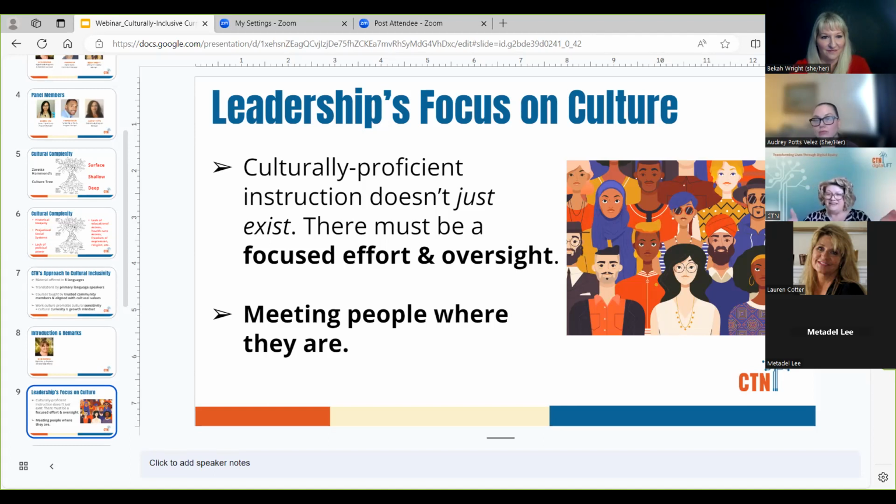My name is Skye Downing, she, her pronouns, and I am the Digital Equity Programs and Partnership Director for CTN. I oversee all the development, deployment, and maintenance of our capacity building programs and the initiatives that are led by our organization. And I'm super proud to lead an incredible team of digital equity rock stars who work together to create the culturally proficient training and curriculum that we'll be speaking to today.